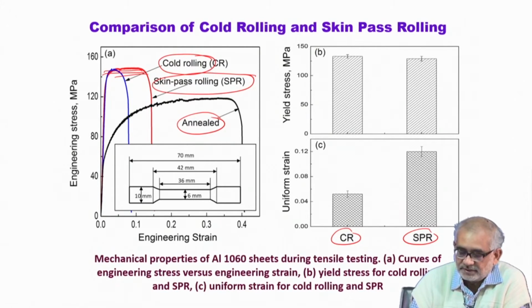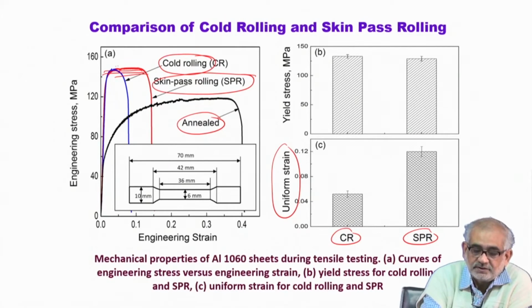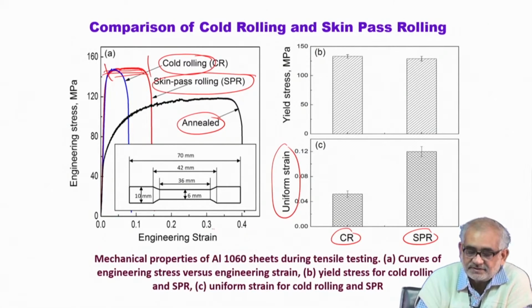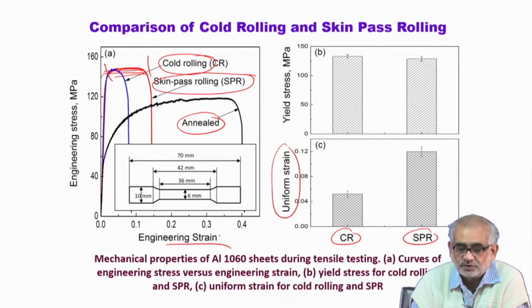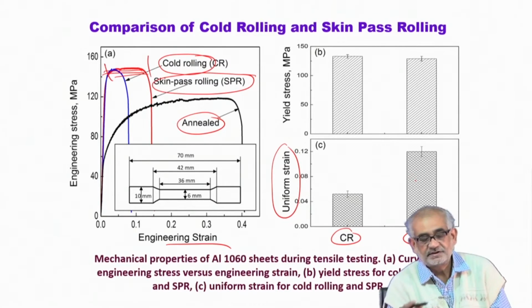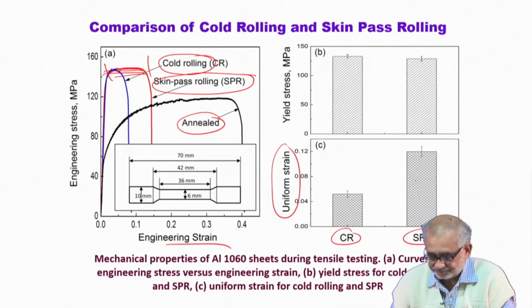But the uniform plastic strain that you derive after skin pass rolling will be higher. So the yield stress remains the same, but the ductility, or so-called plastic deformation, the amount of engineering strain, is more, and this is certainly beneficial. So skin pass rolling is going to be helpful because of this particular effect.